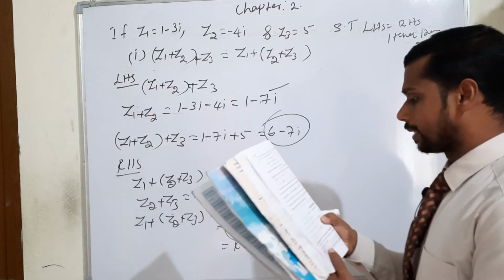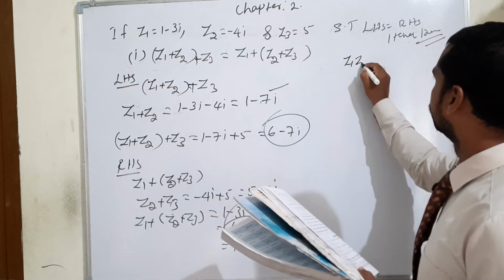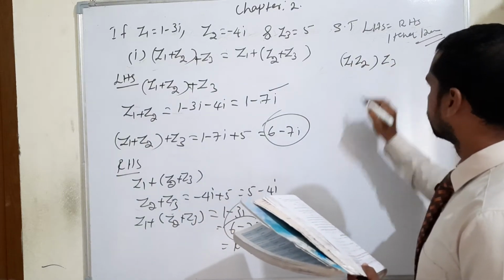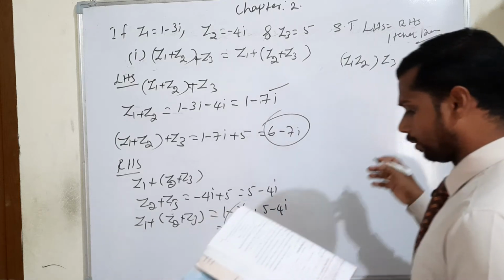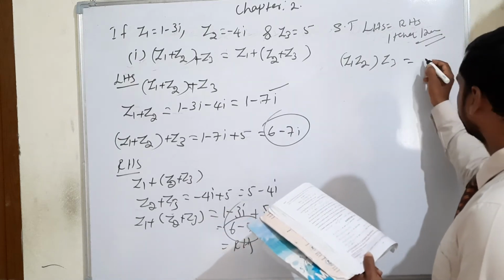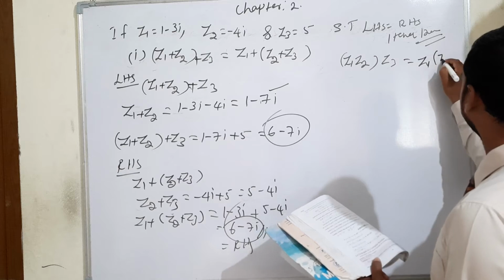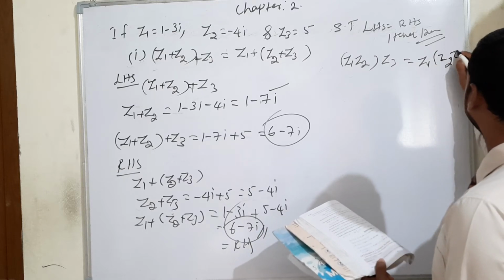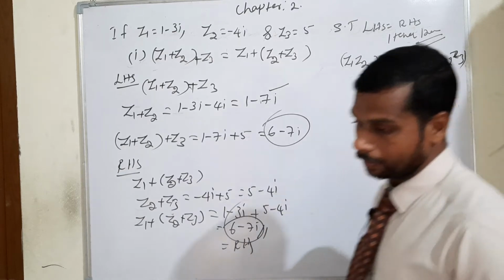What is the question? z1 into z2, then z3, is equal to z1, z2, z3. What will happen?